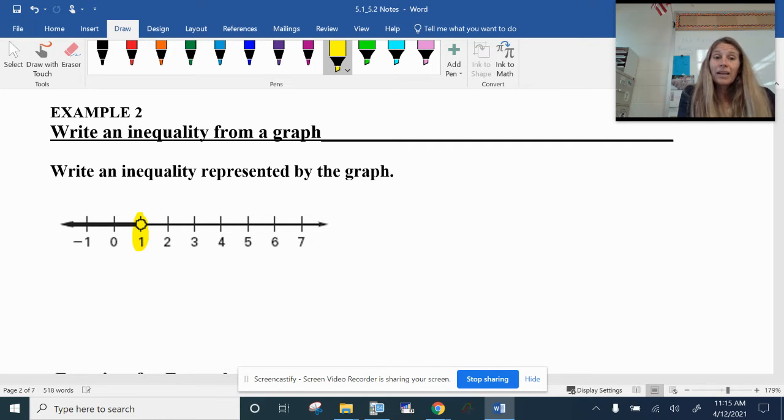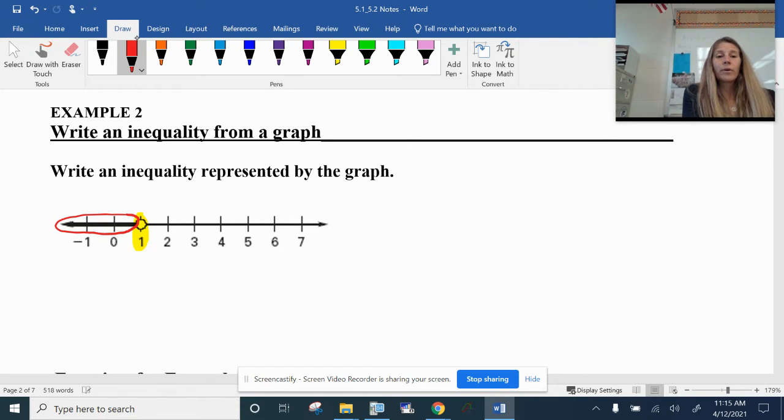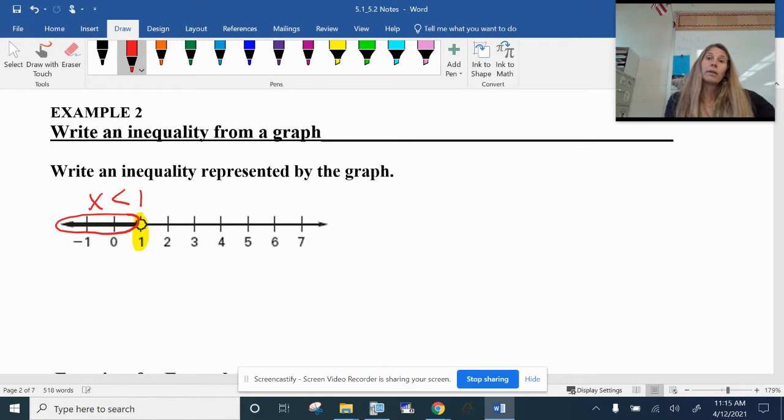Now, the way I typically will do this is I'll look at the shaded part of the number line, and I'll know that that represents my variable. So x could be any of these numbers over here, and that is on the left of the 1. So it's always going to point to the left if you're looking to see which one is less, right?